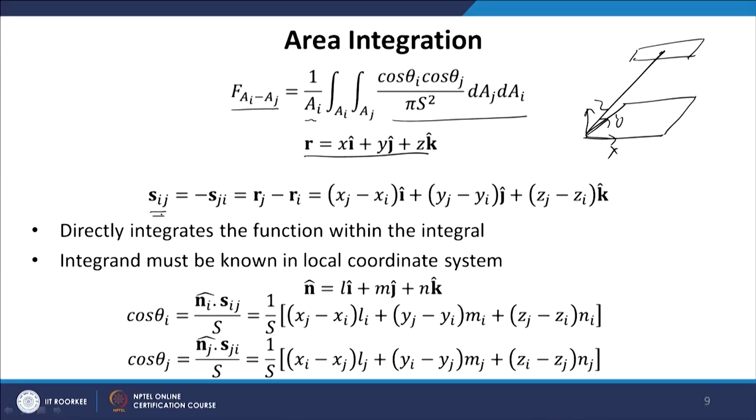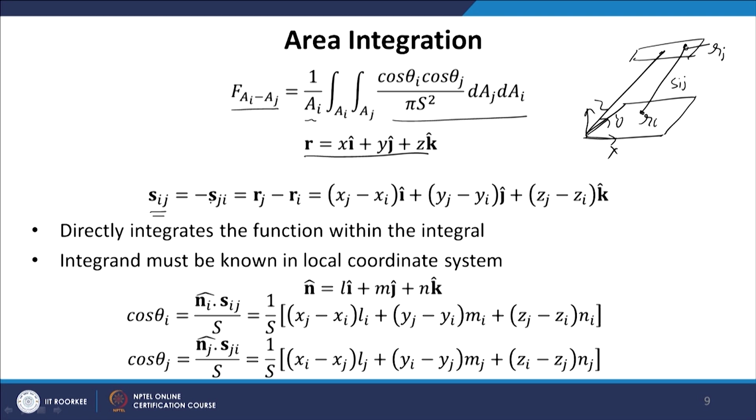We represent the vector Sij as the vector joining two points, or two infinitesimal areas, between two surfaces. This is Sij, and Sij can be represented in terms of the coordinates of this point, which is Ri, and the coordinates of this point, which is Rj.